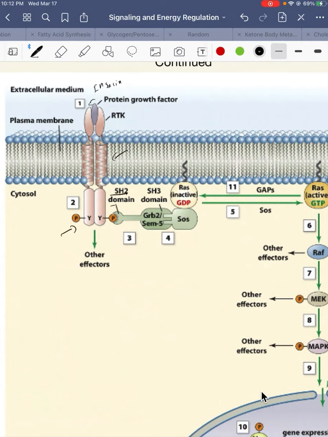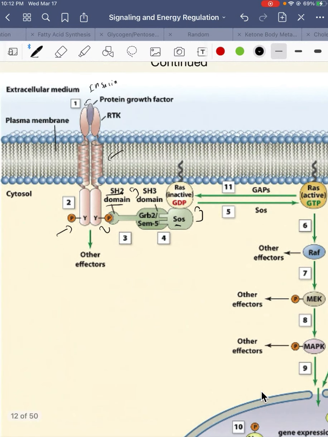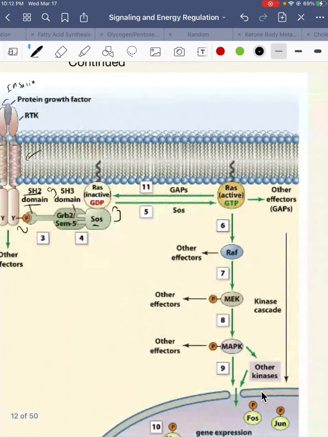You have stuff called SH2 proteins. They recognize the phosphorylated tyrosine residues, so they bind to them. They bring along with them another type of protein called SH3 and a protein called SOS. SOS is usually bound to an inactive RAS, which has a GDP bound to it. RAS can be activated by an enzyme called GAP.